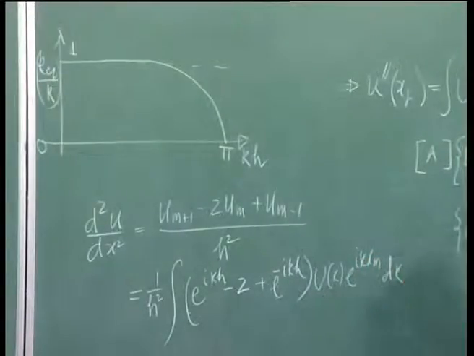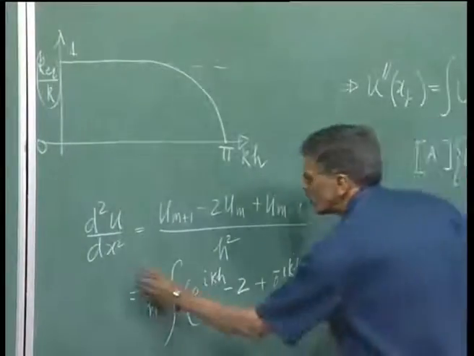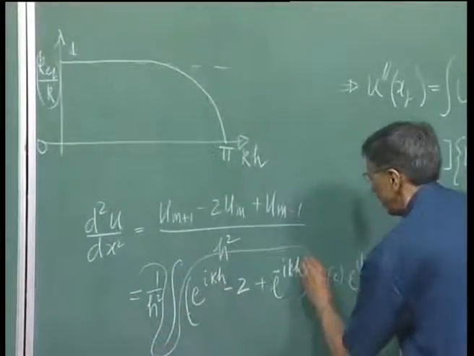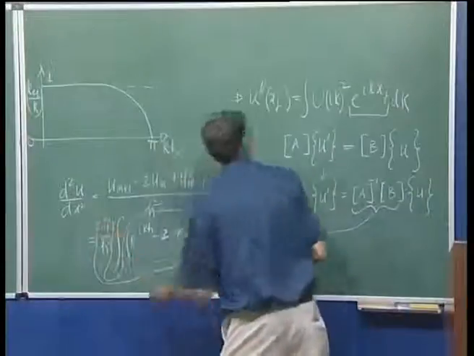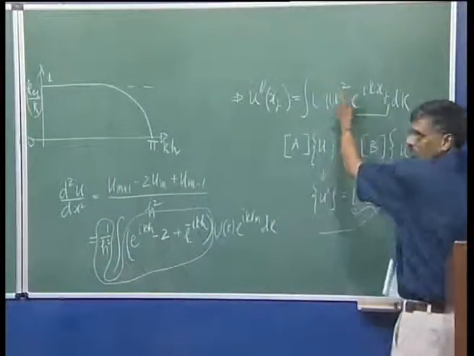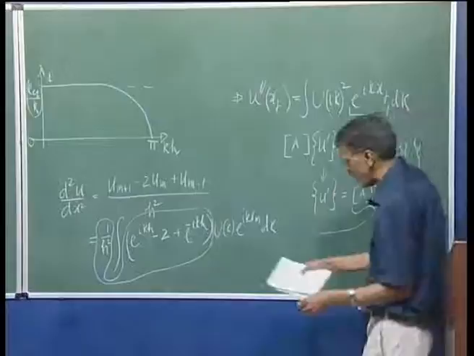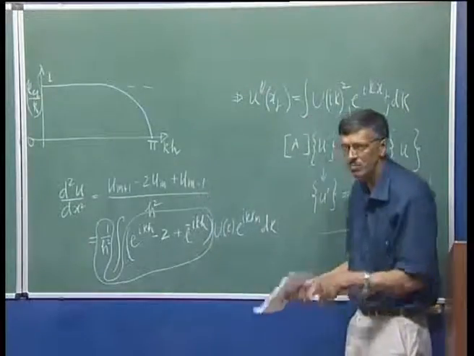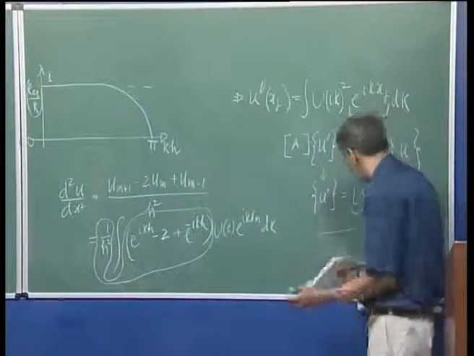So, what you are getting here, this whole thing taken together, plays the same role as what we have here. So, this is also something I could call my k equivalent for the second derivative.